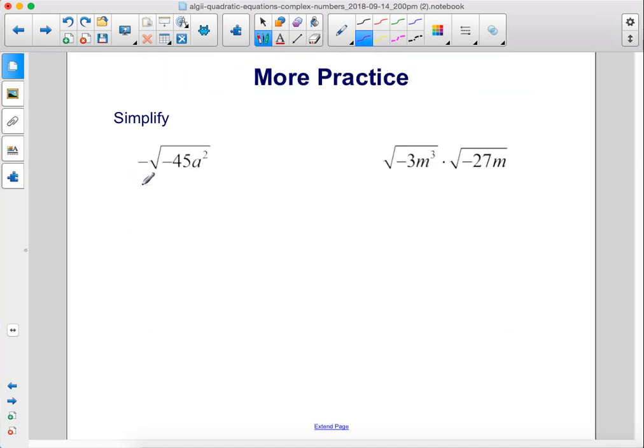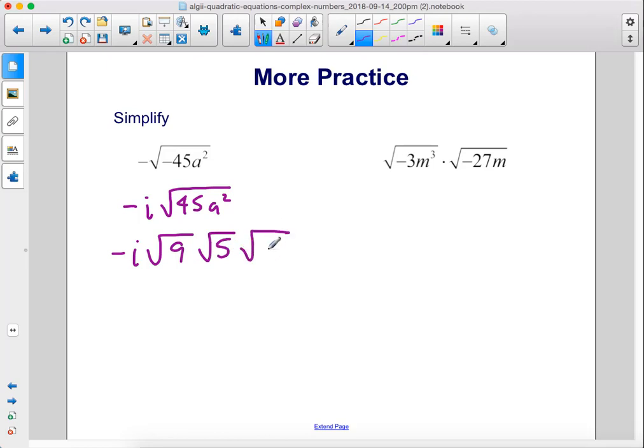Simplify. Negative the square root of negative 45a squared. First step, take out this negative sign. So we'll have an i out front times the square root of 45a squared. 45 is 9 times 5, so if we break that up into different radicals, like that, square root of 9 times the square root of 5 times the square root of a squared, this is all equivalent to this.